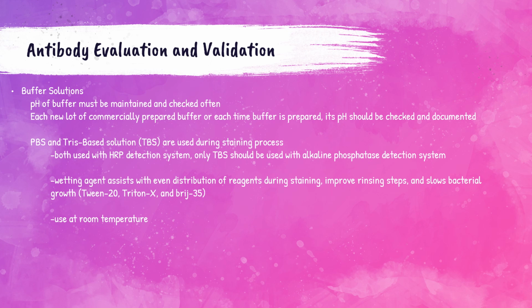Both of these buffers can be used with an HRP detection system, so horseradish peroxidase. For alkaline phosphatase or AP detection systems, only TBS should be used. Adding a wetting agent like Tween 20, Triton X, and Brij 35 helps with the even distribution of the reagents during staining. This addition also helps to slow down bacterial growth and improve the rinsing steps of the staining procedure.